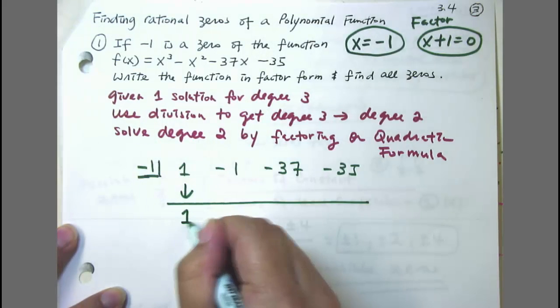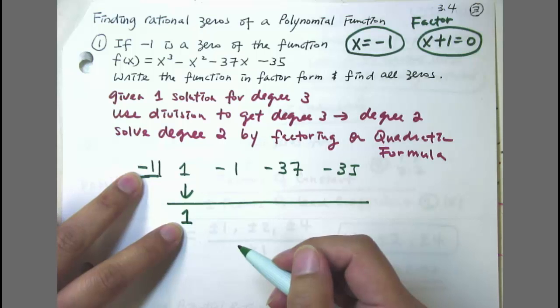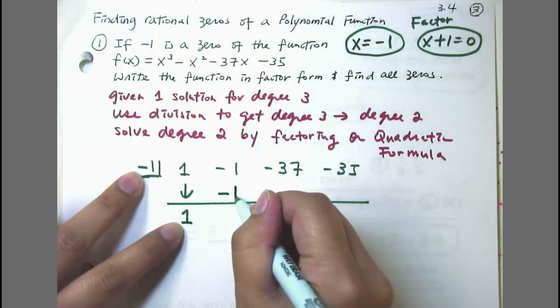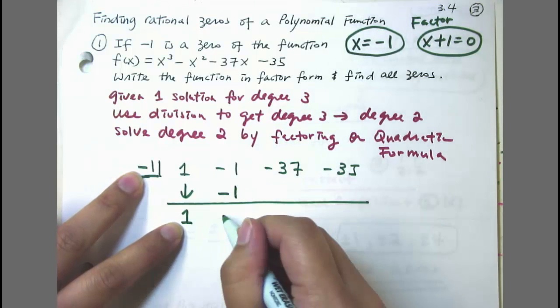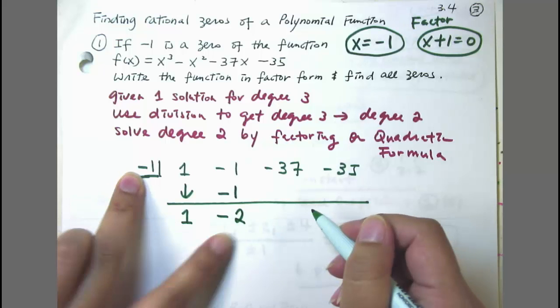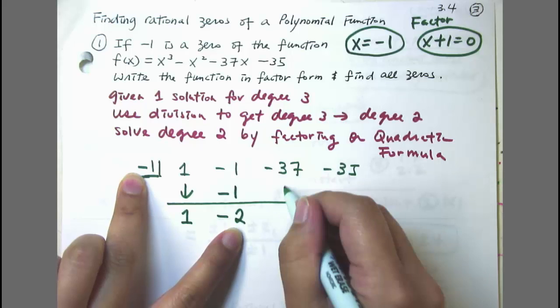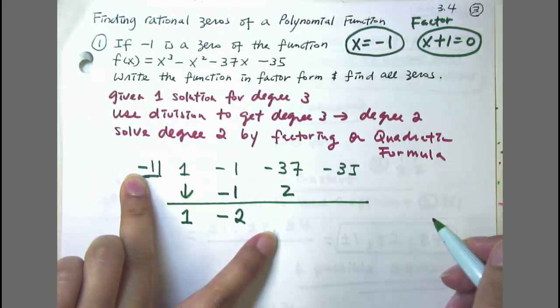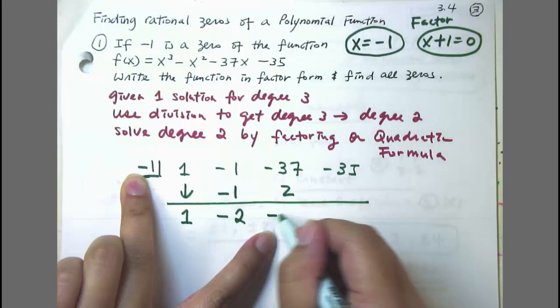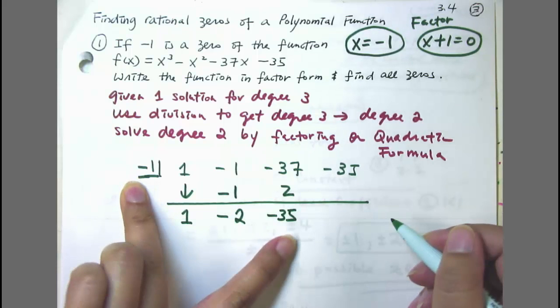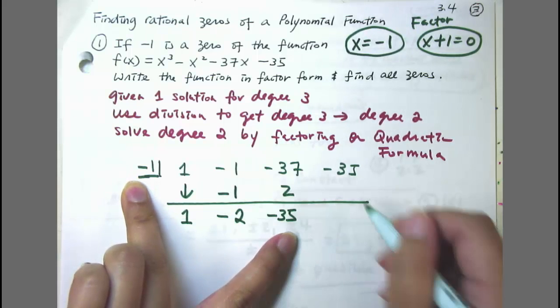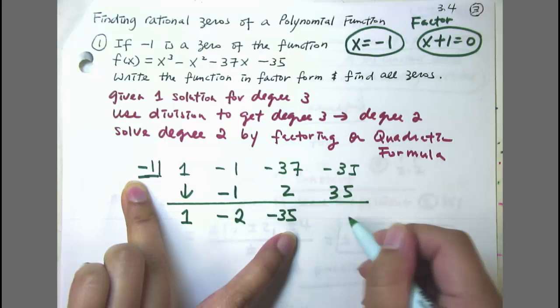Bring down the 1, and 1 times -1 will give us -1. Combine that, we get -2, and -2 times -1 will give us 2, and combine that, we have -35 times -1 will give us 35, which is the 0.